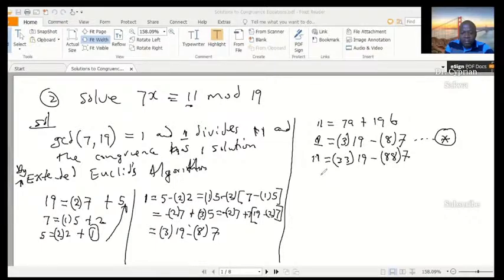So our a, which is the solution, is negative 88 mod 19. But this is negative, so you can write it as positive. You ask yourself, how many times does 19 go into negative 88? The remainder will be 7.